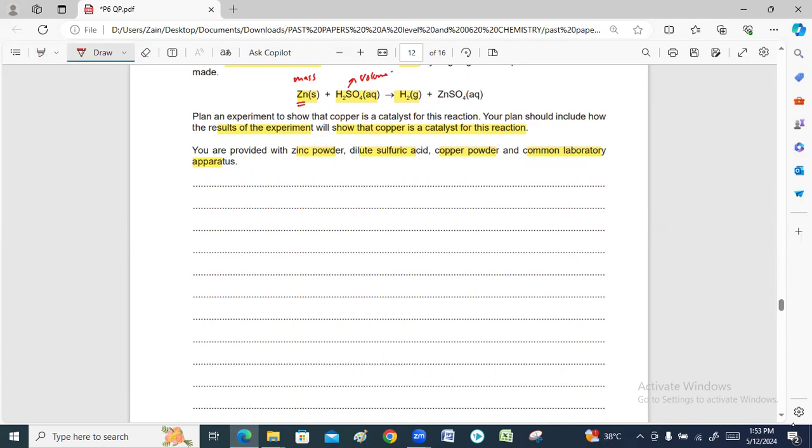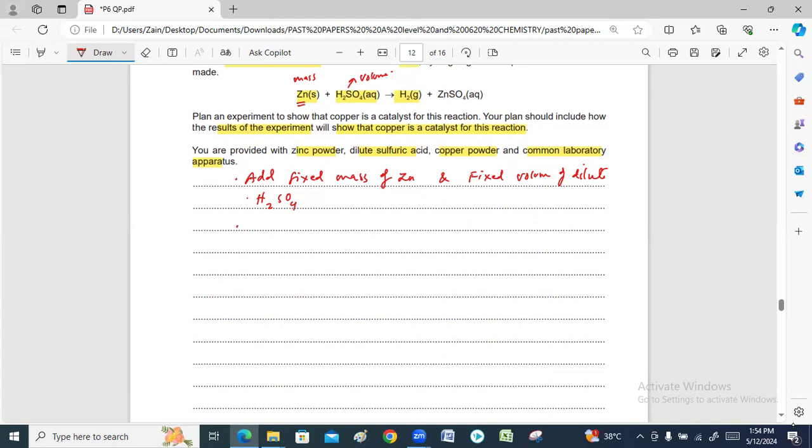So this is the first point, that add a fixed mass of zinc and fixed volume of dilute sulfuric acid. Normally, the volume should be in centimeter cube and the mass should be in grams. So this is the first thing.